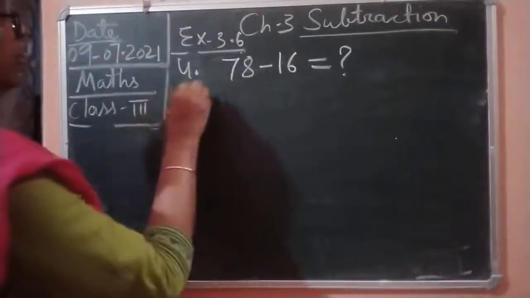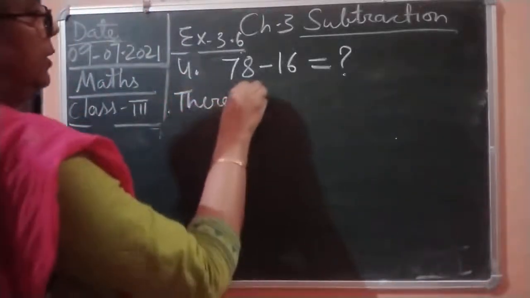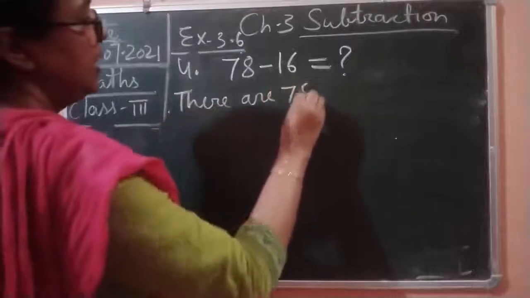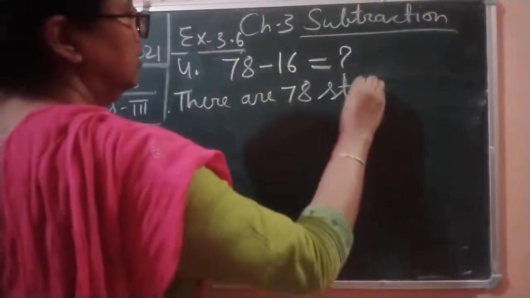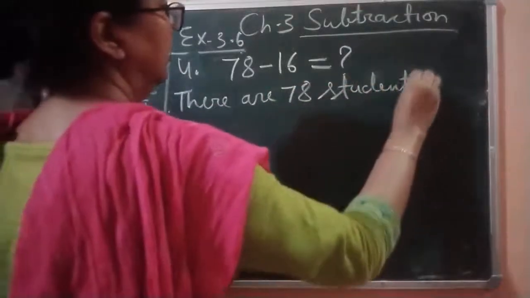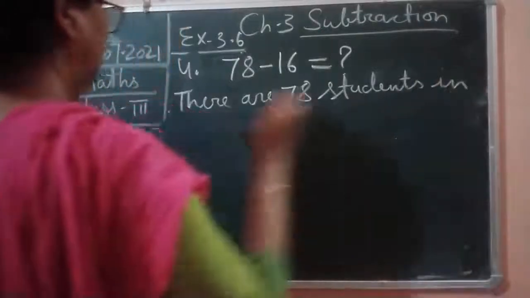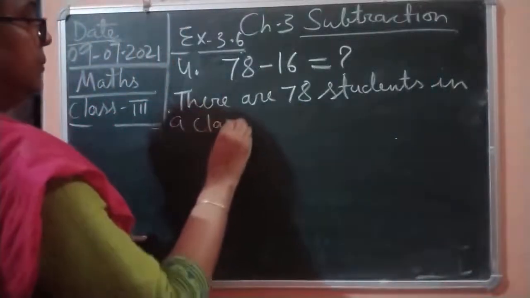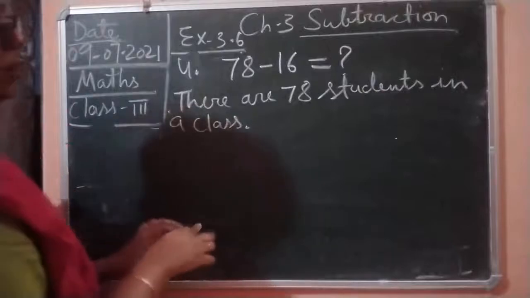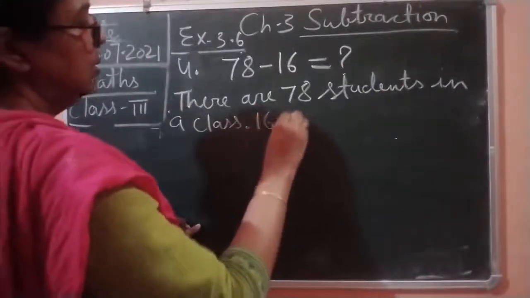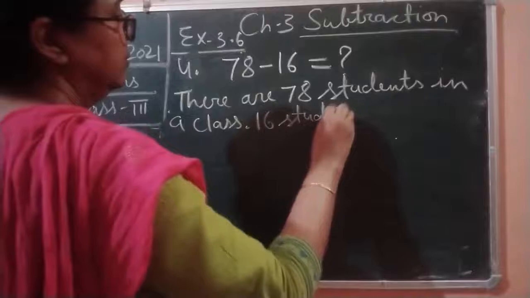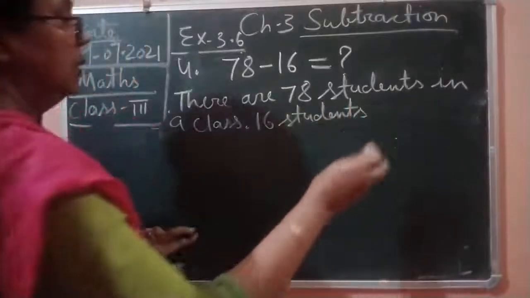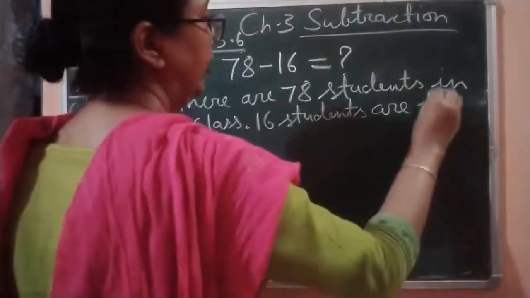There are 78 students in a class. Okay. 16 students are boys.